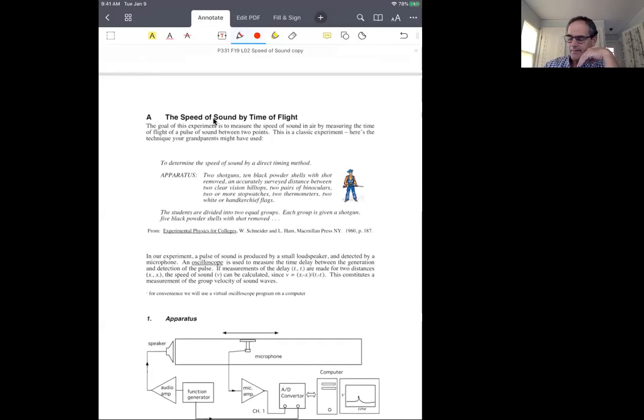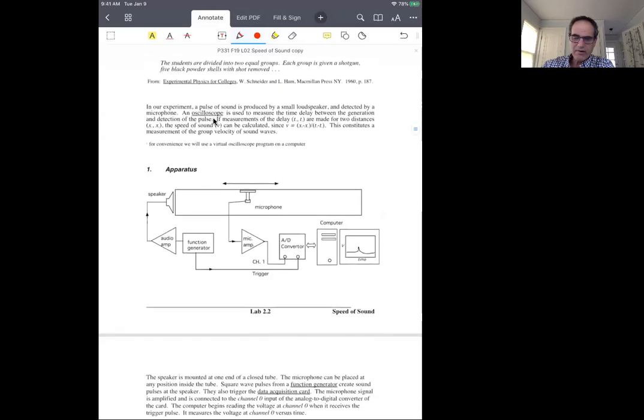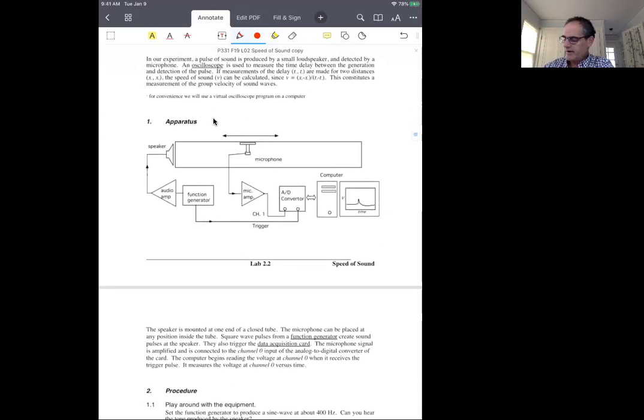In this part of the lab, we're going to measure the speed of sound by time of flight. That means we'll measure the time it takes for the wave to travel between 2 points with a known distance between the points. Okay? This is a classic experiment, but the way we're going to do it, we'll use some rather nice precision equipment.